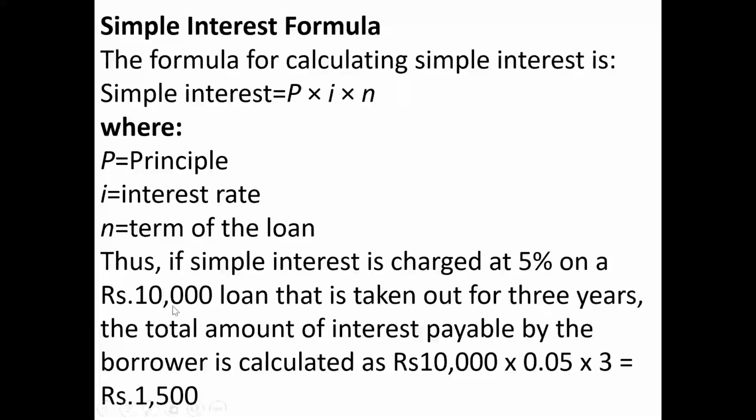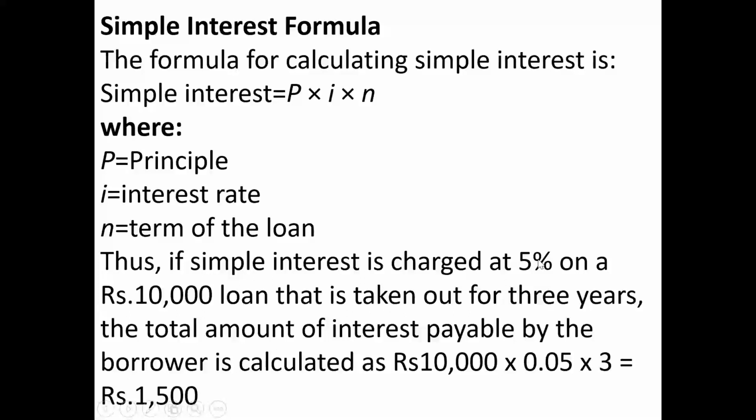So you have taken an amount of 10,000 rupees at a 5% rate of interest, and for how many years? For 3 years. So P is 10,000, and the rate is 5%.